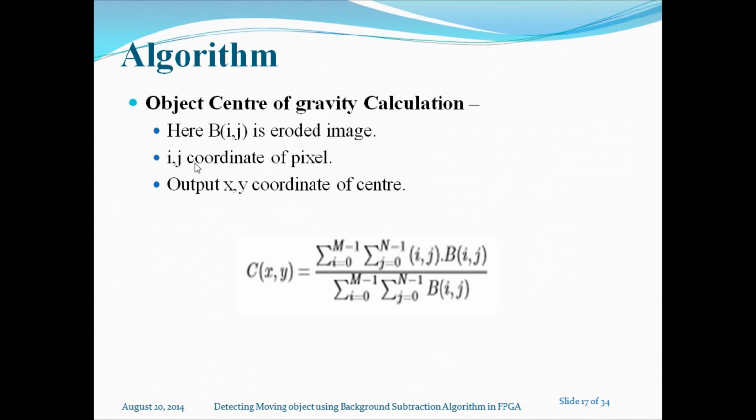Once the eroded image is obtained, we apply the following formula to calculate the object center of gravity. For each frame, this object center is stored in the PC, which will be used later to plot the graph of object movement. The output of this operation is the x and y coordinate of the object center.